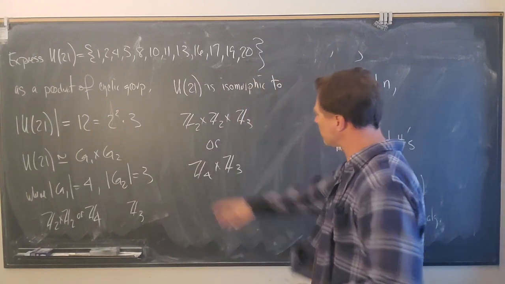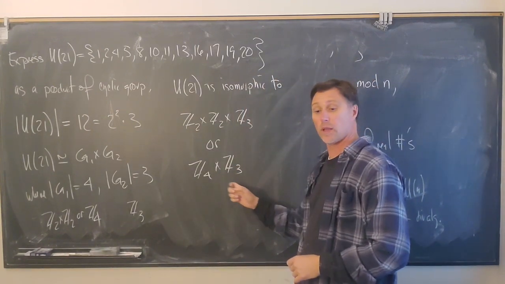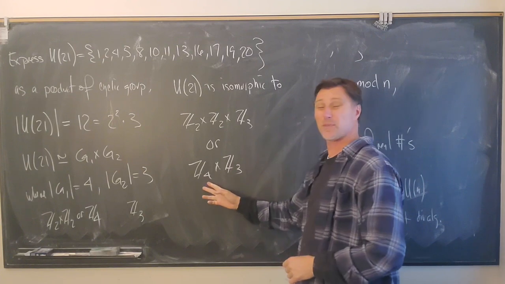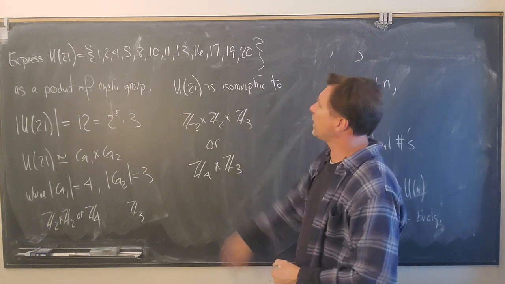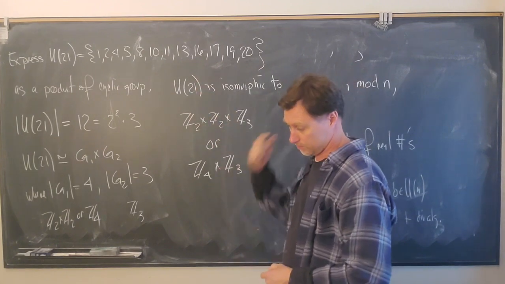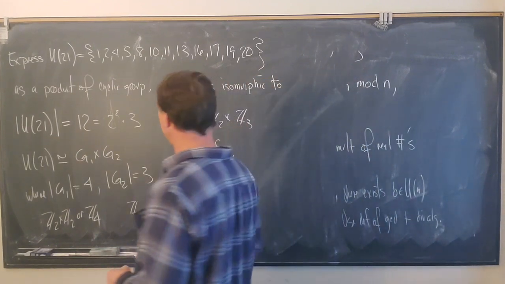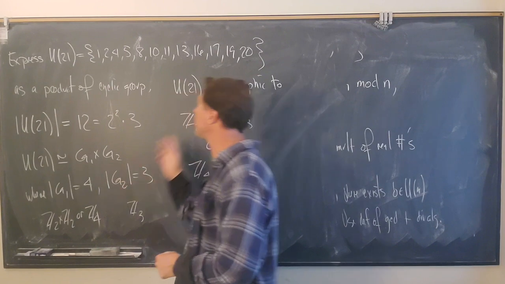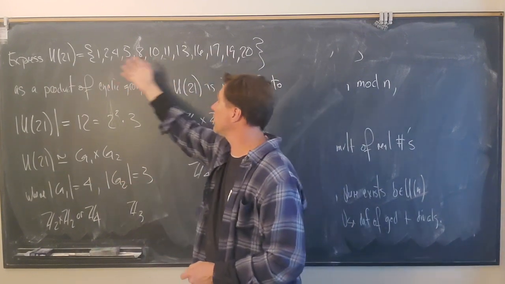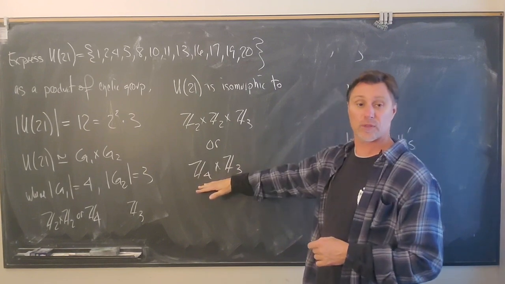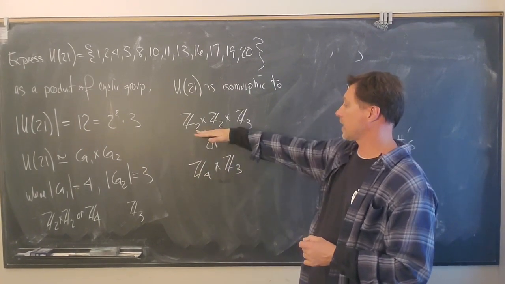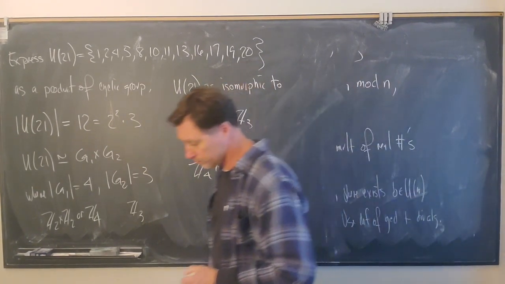By the way, notice because 4 and 3 are relatively prime, this group is isomorphic to Z12. It's cyclic. So either it's cyclic or it's not. How would we decide this? One way is to check the orders of the elements within this list. If we find an element of order 12, then it's got to be isomorphic to this one. If not, it's got to be isomorphic to this one.